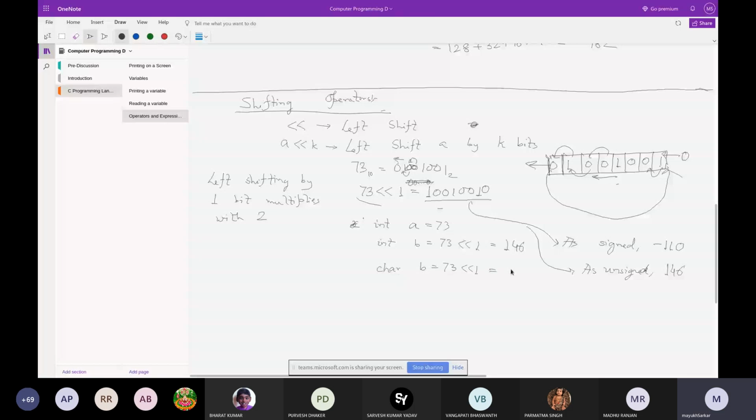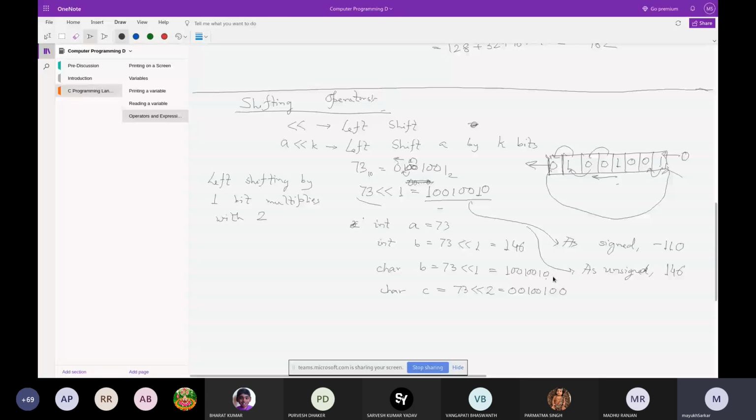Let me shift it by another bit. So 73 left shifted by 2 means doing one shift 2 times. This will be left shifted, but this time it will be 0 0 1 0 0 1 0 0, not 1. If there would be 1, then it would be a circular shift, but there will be 0. Let me show this.